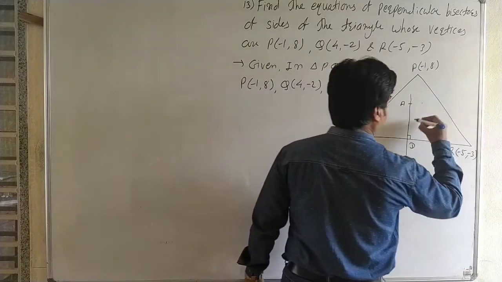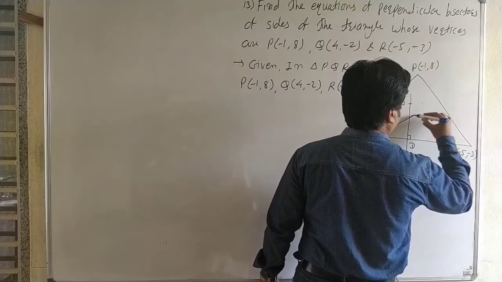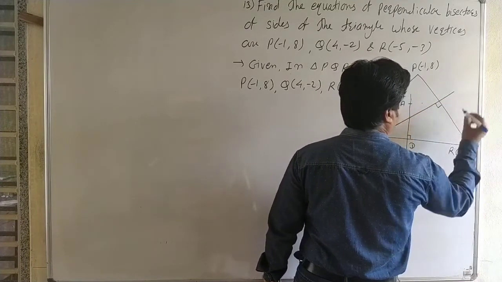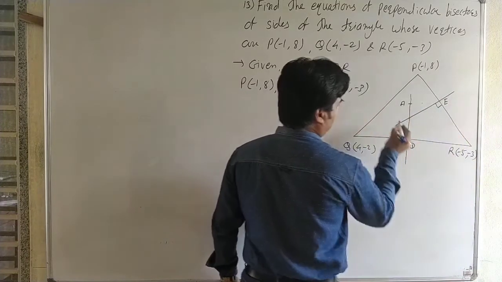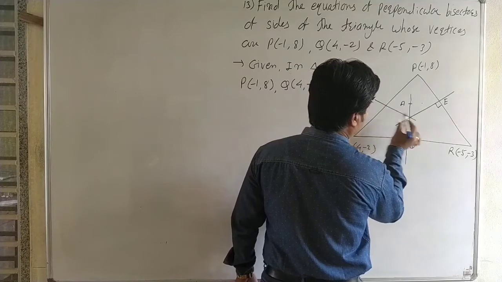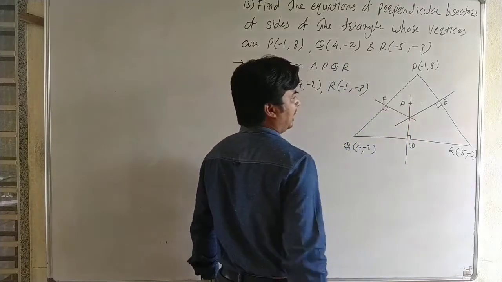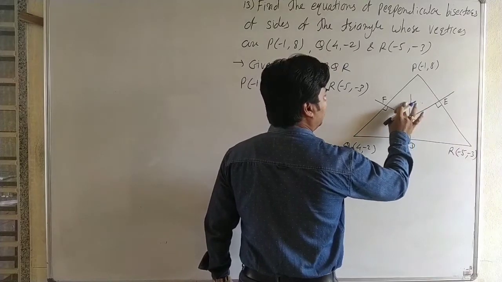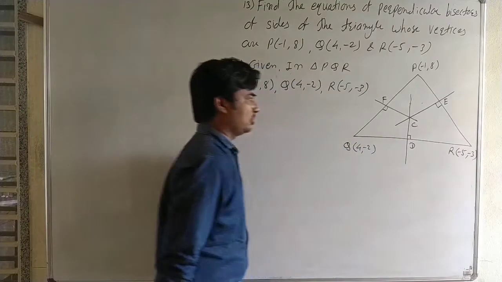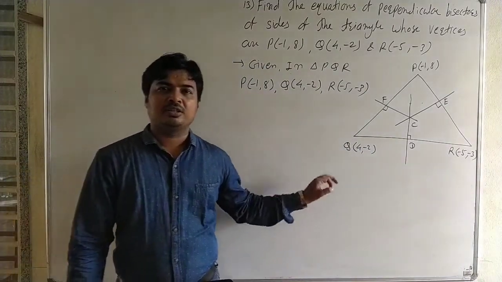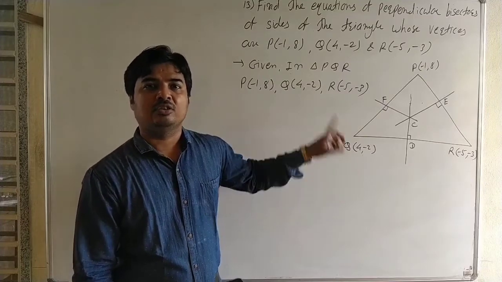Then suppose E and F. Here suppose the point is C, because the point of intersection of perpendicular bisectors is called the circumcenter of the triangle.